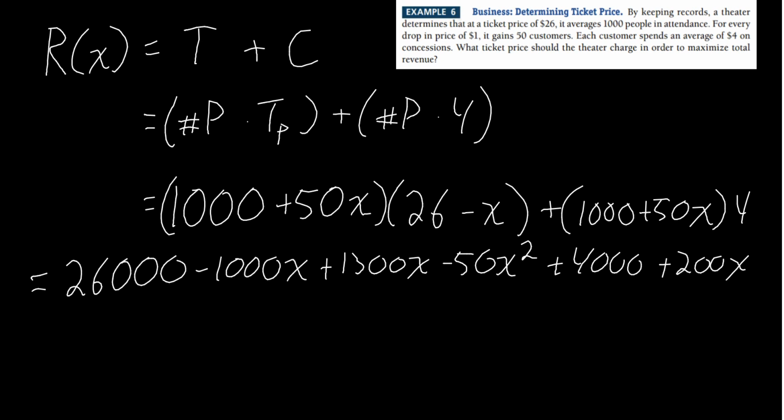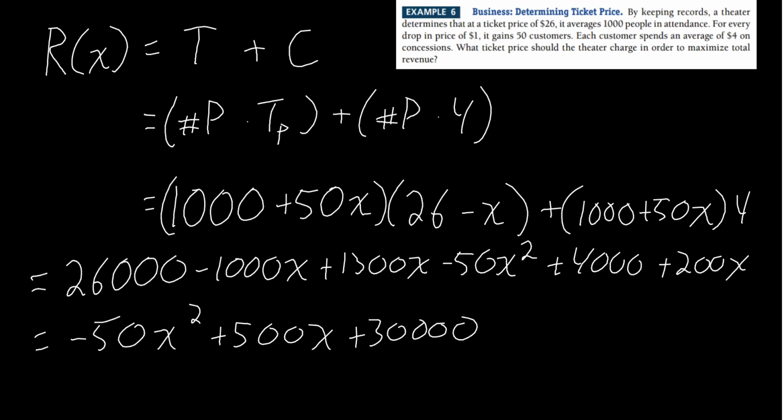Let's combine like terms and put in descending order. We end up with negative 50x squared, then 200 and 400 gives 500x, and then 26,000 and 4,000 is plus 30,000.